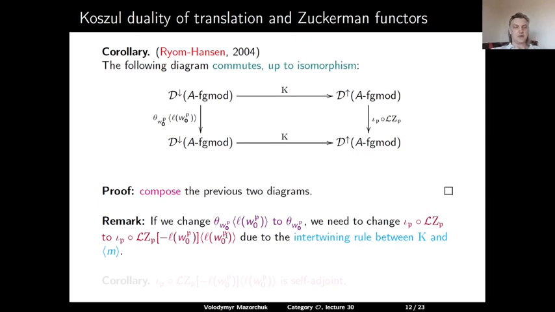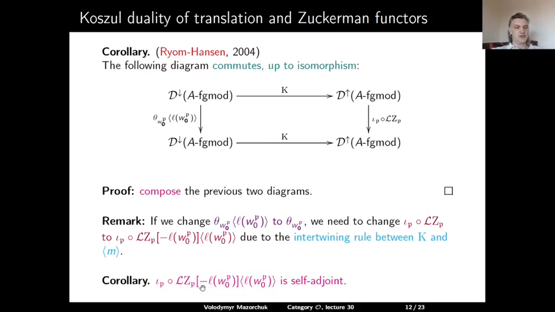This is because of how Koszul duality intertwines with the shift in grading. So it maps it to a composition of both homological and graded shift. In particular, using the fact that the projective functor theta w0p is self-adjoint, it follows that the composition of derived Zuckerman followed by inclusion and then adjusted in this way.